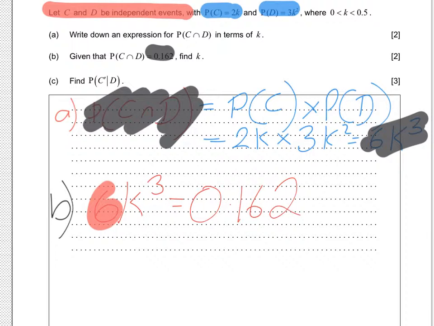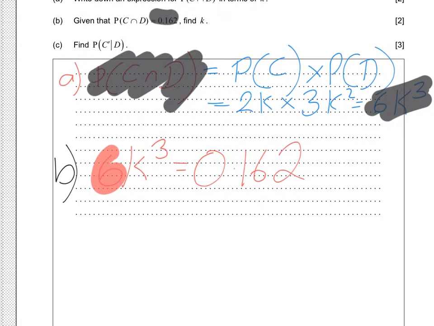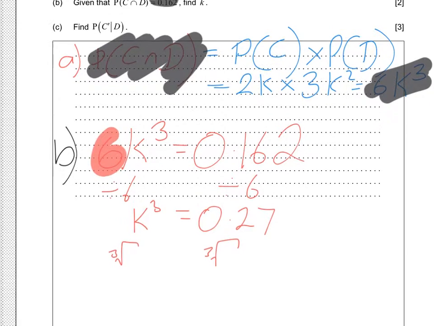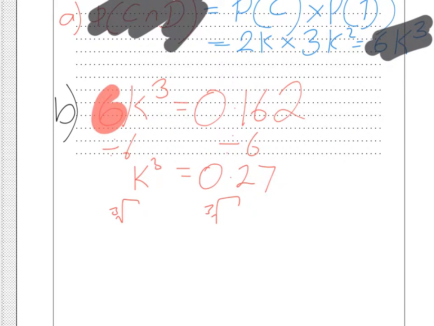It's just a case of solving that. Divide both sides by 6. k cubed is equal to 0.27. Take the cube root of both sides, and you get k is equal to 0.3.